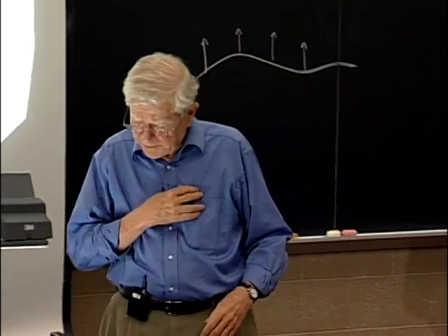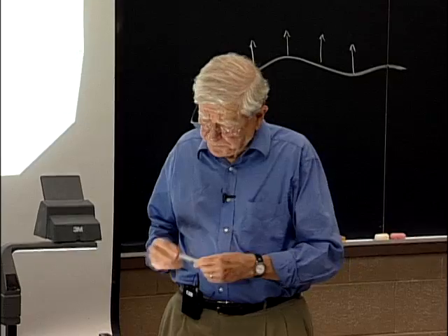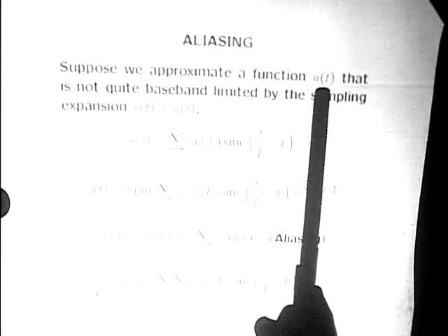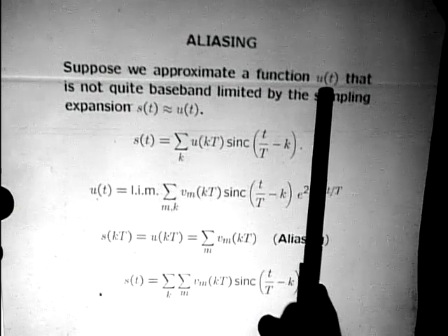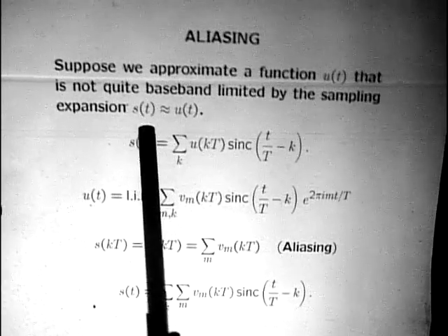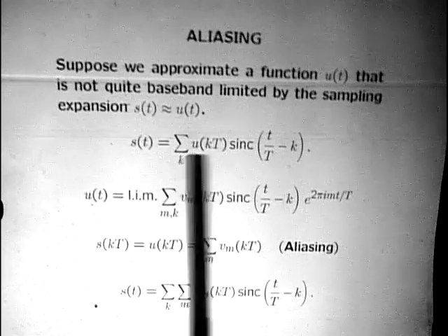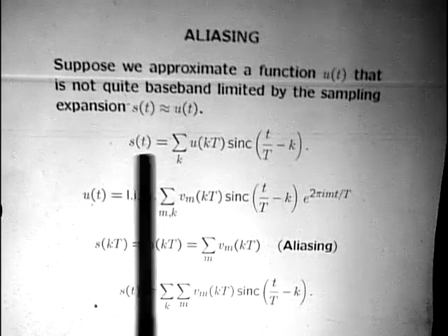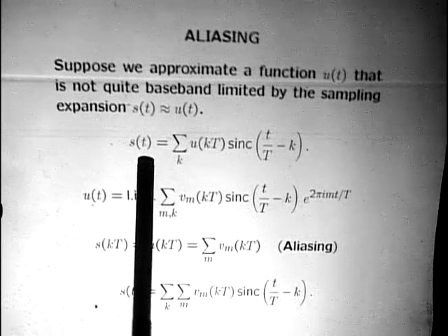So we're going to take our function u of t. We're going to sample it at some very rapid speed, and then we're going to take those samples and recreate a waveform by the sampling theorem. So we're going to call the approximation to u of t some approximation s of t.